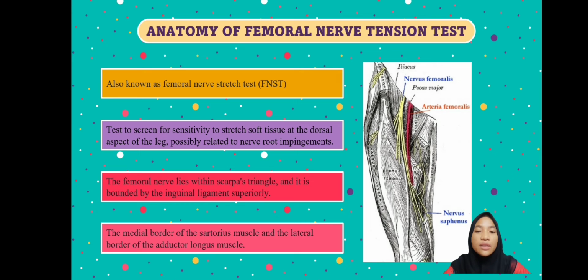The femoral nerve lies within the femoral triangle, which is bounded by the inguinal ligament superiorly, the medial border of the sartorius muscle, and the lateral border of the adductor longus muscle.